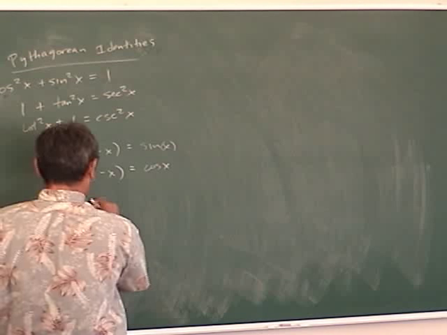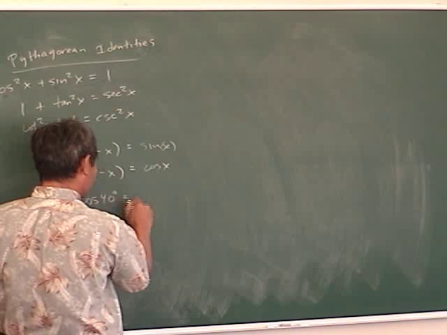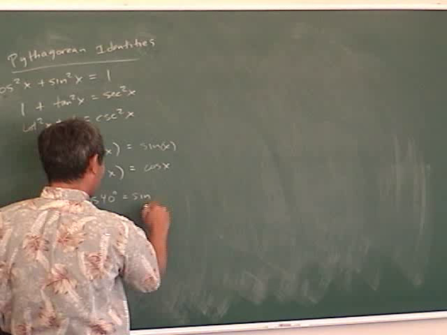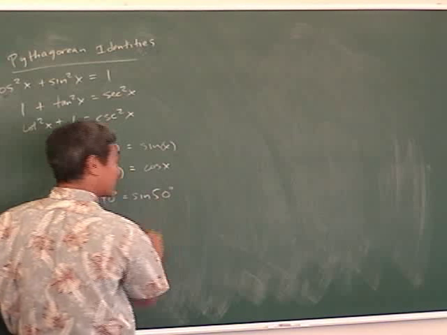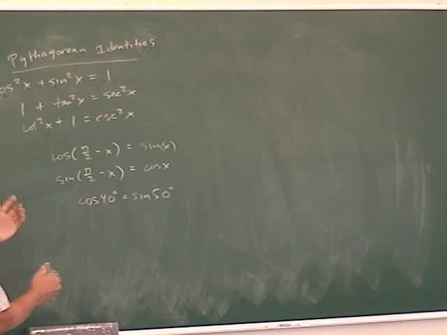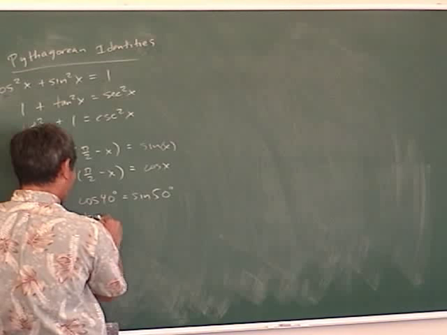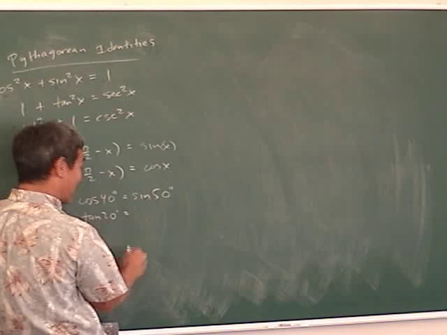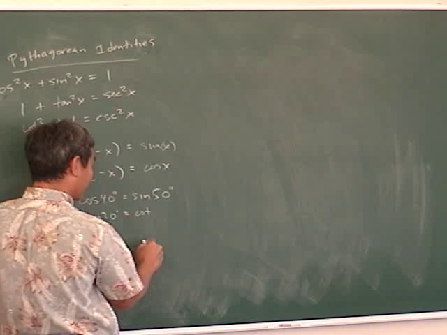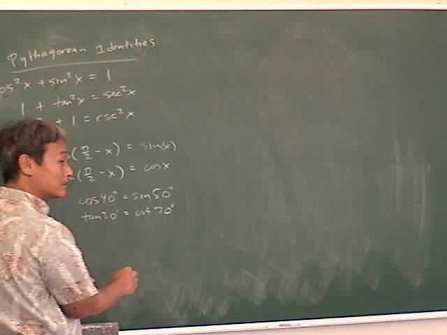So, cosine of 40 degrees, what is that equal to? The sine of 50 degrees. I'm just using degrees now because maybe it's easier for you to understand. Same thing with the tangent of 20 degrees, that's the same thing as the cotangent of 70 degrees.